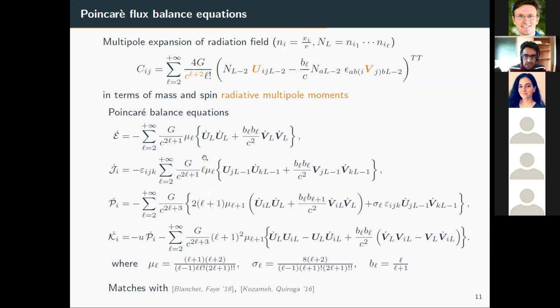And you see that the fluxes are quadratic expressions in terms of the radiative multipoles everywhere. Actually, this result matches with the results of other groups from other viewpoints, not starting from Bondi gauge.